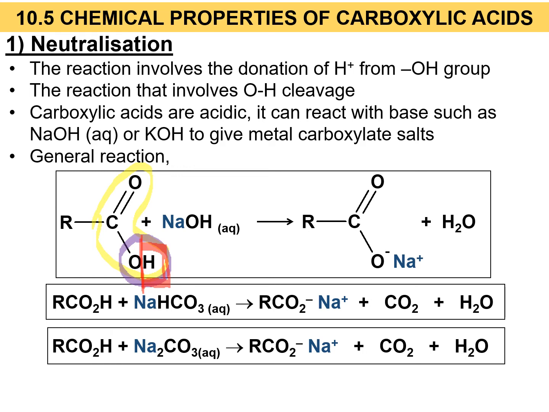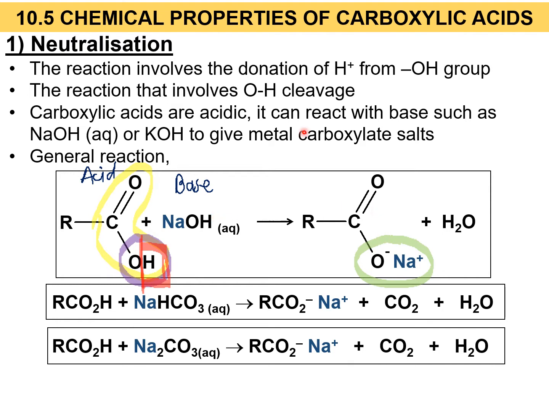Okay, so basically bila acid react dengan base, strong base such as NaOH, kita akan dapat carboxylate salts. Okay, this is what you will get, O minus and Na plus. Okay, this is the product that you will get from the neutralization between carboxylic acids and also base.